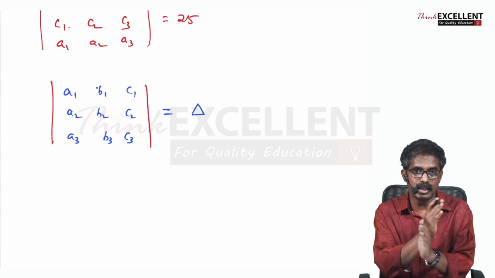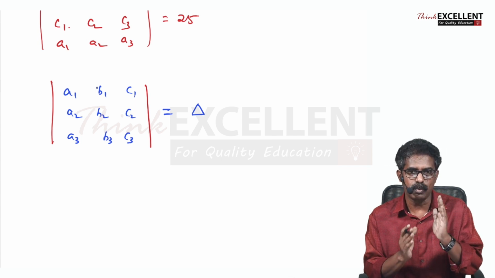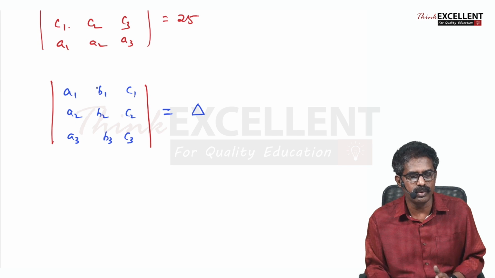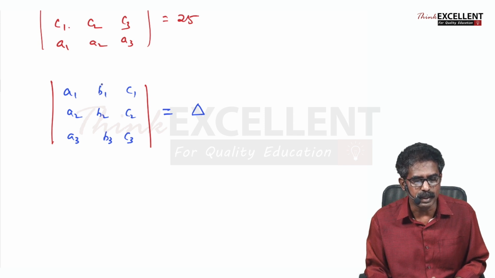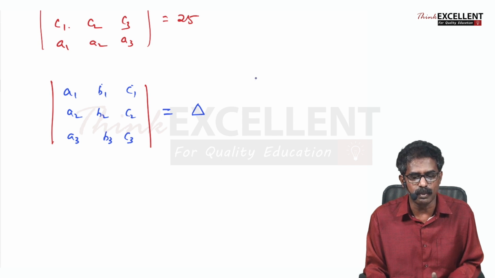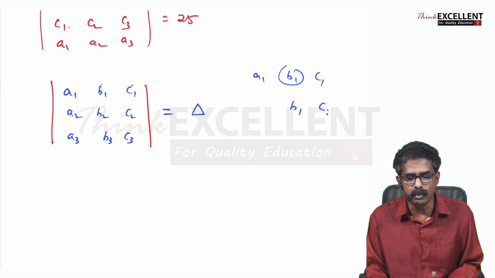Now I'm going to interchange columns. A1, B1, C1. If you read from B1, then B1, C1, then A1. If I start with C1, then A1, B1.